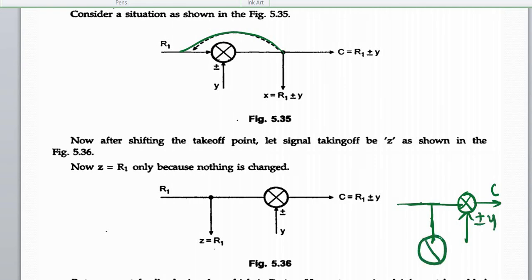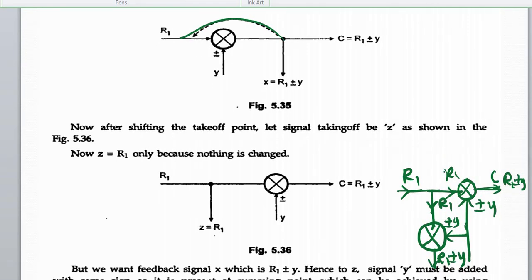I have to add one more summing point with the same signal, plus or minus y. Here it is R1, here this is R1. So this is R1 plus or minus y. Output is R1 plus or minus y. Here also output is R1 plus or minus y.